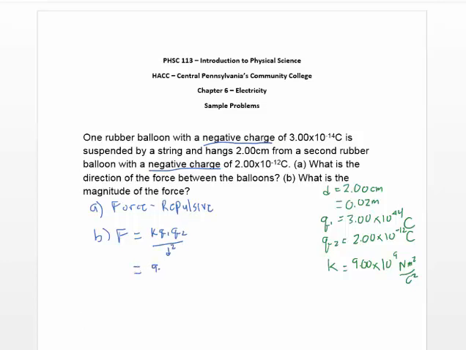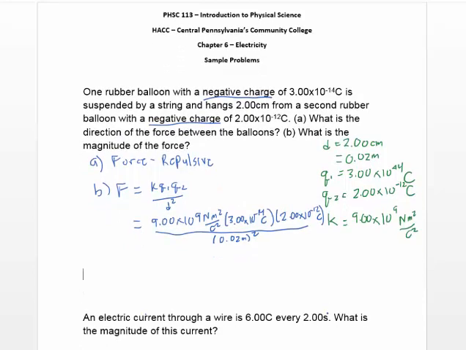K is 9.00 times 10 to the 9th newton meters squared per coulomb squared, times the two charges, 3.00 times 10 to the negative 14th coulombs, times 2.00 times 10 to the negative 12th coulombs, and all of that is divided by, in meters, 0.02 meters squared. So that's what we have so far, and let's go ahead and do the calculation now.